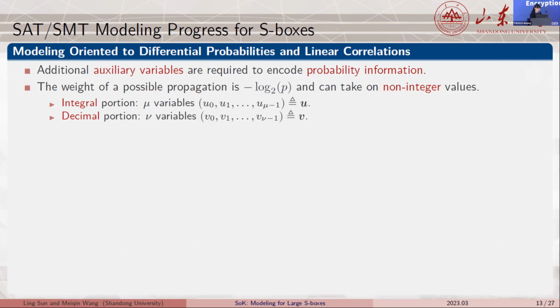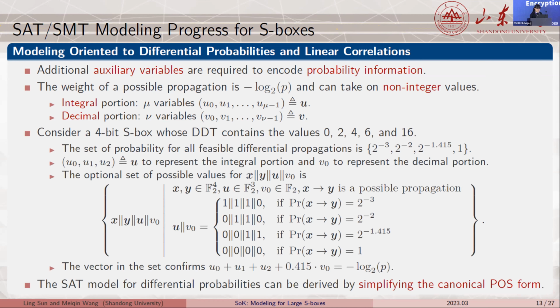When it comes to modeling oriented to differential probabilities and linear correlations, additional auxiliary variables are required to encode probability and correlation information. In this presentation, we always focus on the weight of possible propagation. Note that this value can take on non-integral values, so we should introduce variables for both the integral and decimal portions.